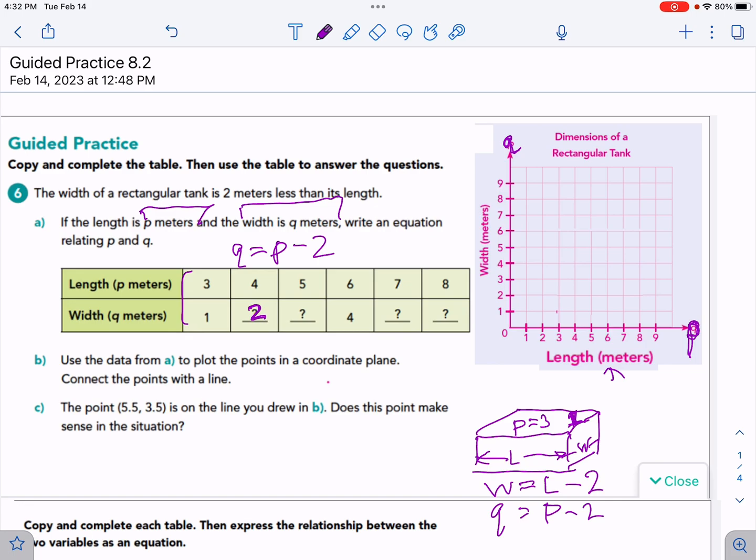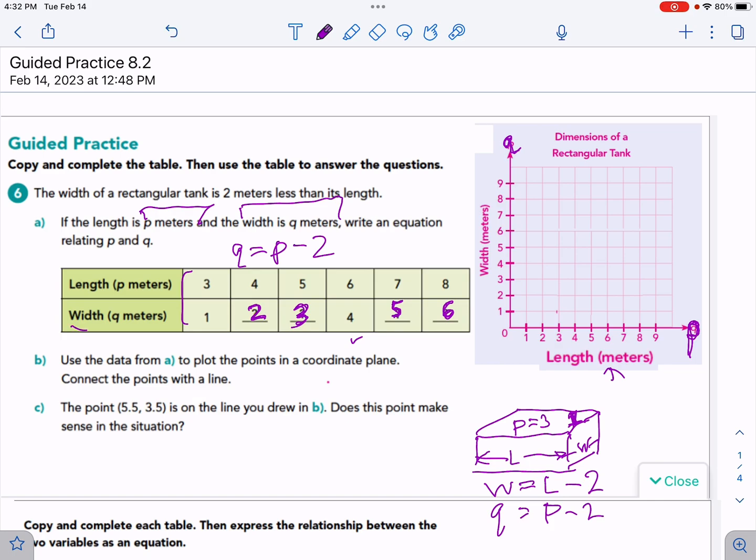If the length is 5, then I can tell that the width is 3. If the length is 6, subtract 2 and you get 4. That one's done. And then if it's 7, subtract 2, we get 5. So if the length is 7, the width is 5. And if the length is 8, the width is going to be 6. Just going to subtract 2.